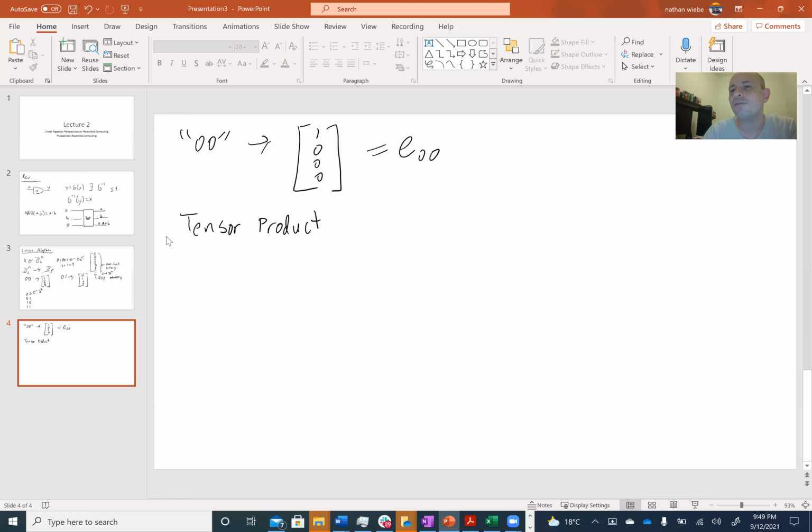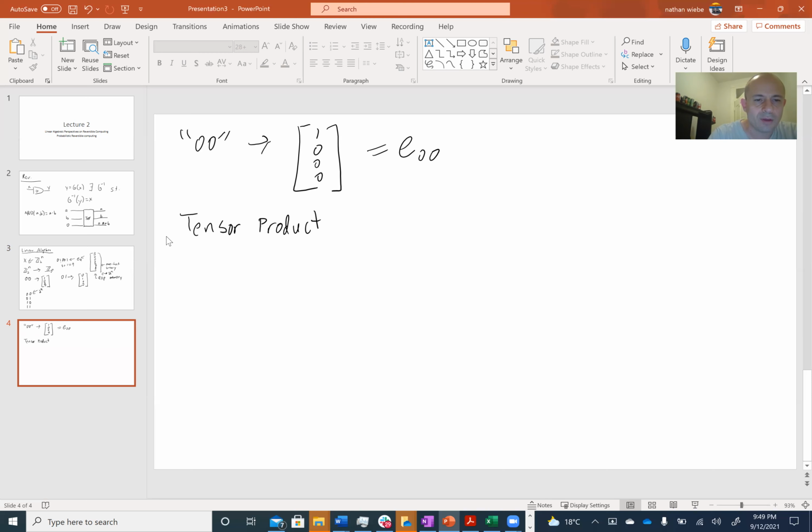But often in this field, people end up using the languages interchangeably. So I'll generically be calling this a tensor product, even though I'll be using it most frequently in the language of Kronecker products.